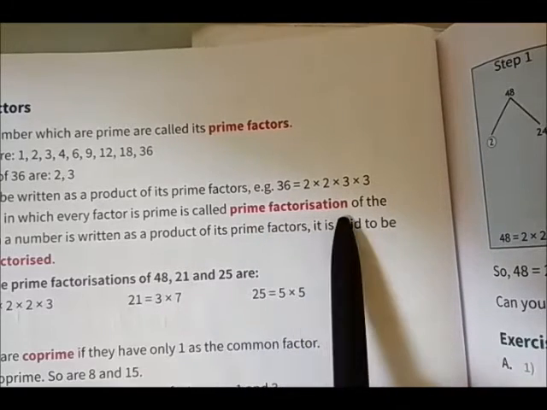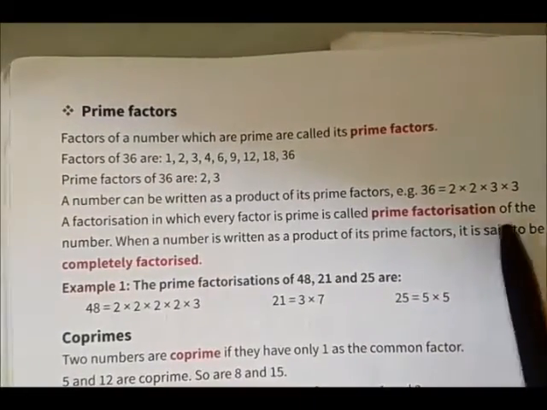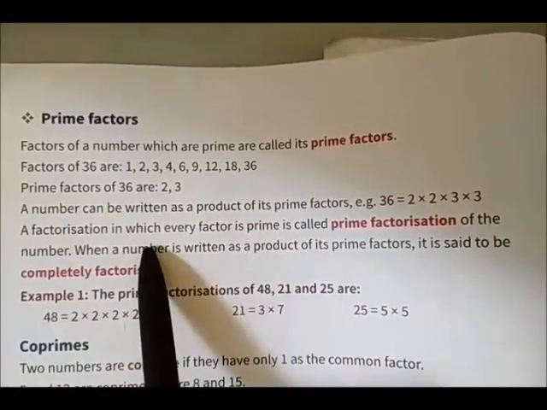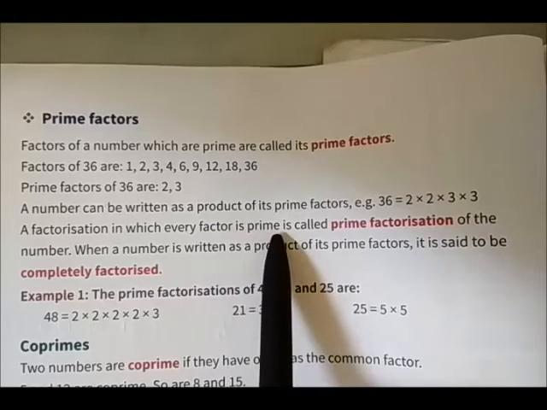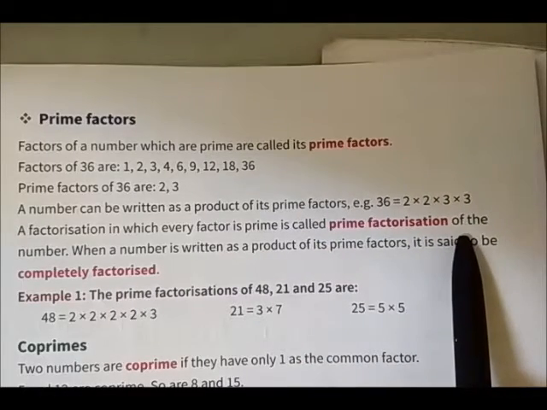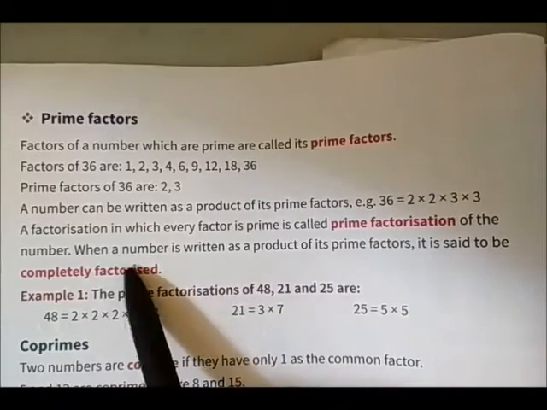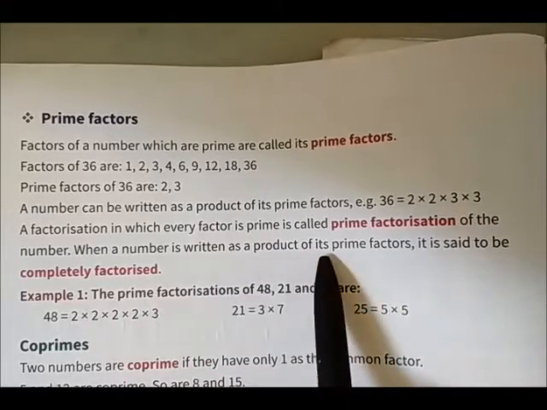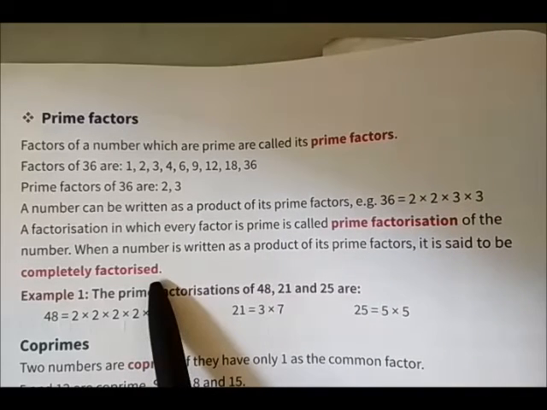This we call the prime factorization method. What is prime factorization? A factorization in which every factor is prime is called prime factorization of the number. Next, when a number is written as a product of its prime factors, it is said to be completely factorized.